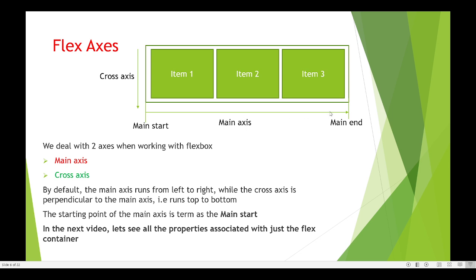But we have options to also change the axis to the cross. We are going to see that when we get to code. Now let's see the properties of each of these concepts. Don't forget the flex container and the flex items.